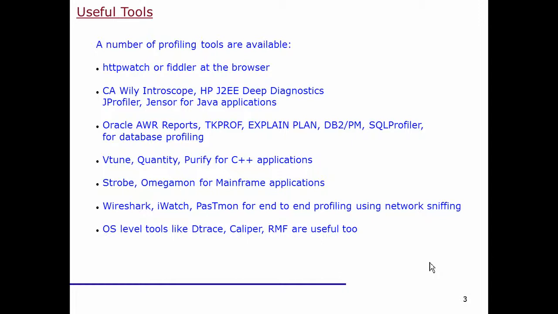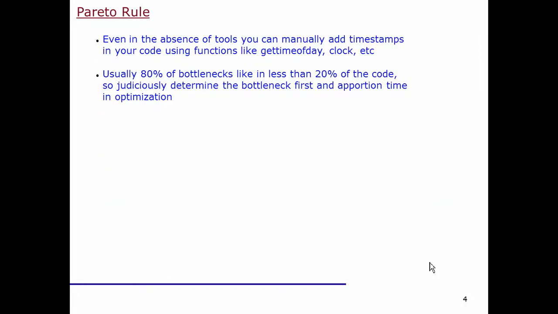You can also use OS level tools such as dtrace for Solaris or Caliper for HP Unix and RMF for mainframes, because they will give you a very nice trace of what's happening in your system at an individual thread level, and you can correlate it with aspects of system resource consumption, including IOs and memory and CPU and so on and so forth.